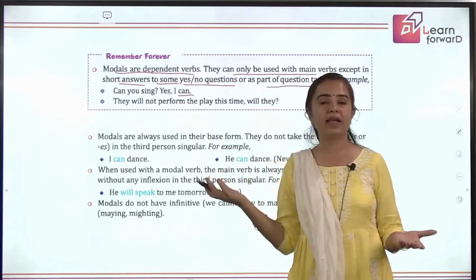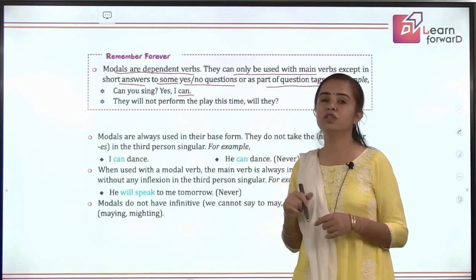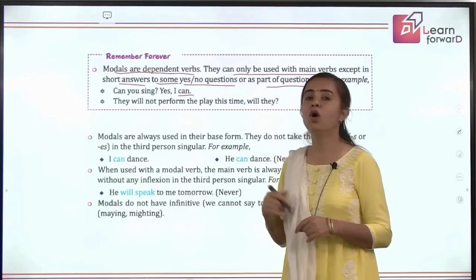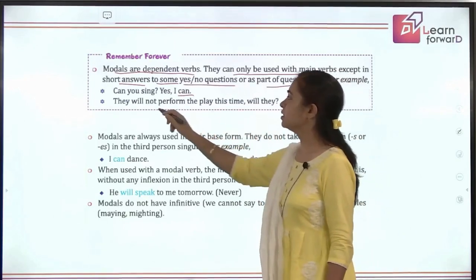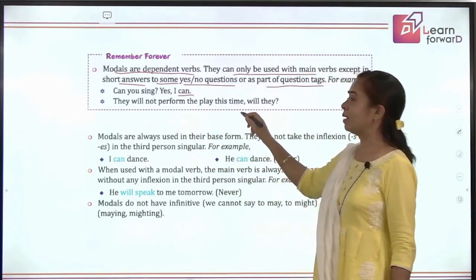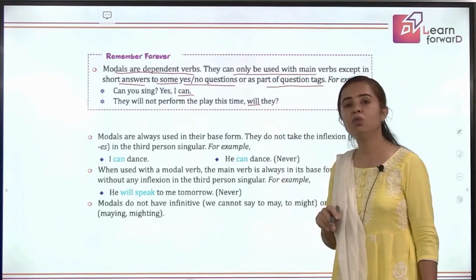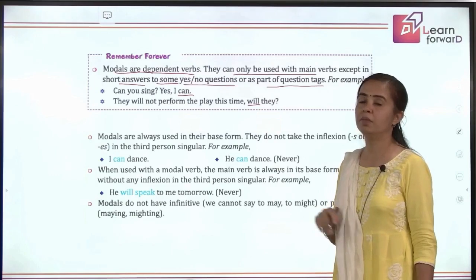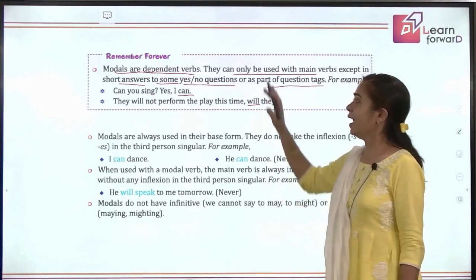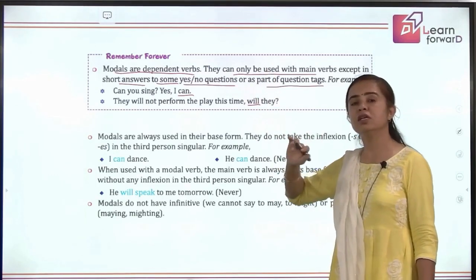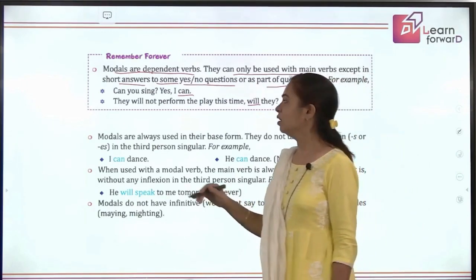You stop at can, because this is what we do with the short answers, yes-no type. Or when you go about the question tags, they will not perform the play this time, will they? So here you are just using them without any main verb, because this is a question tag. Except for these, modal auxiliaries are always followed by a verb.